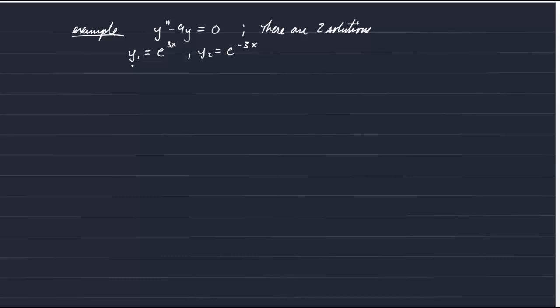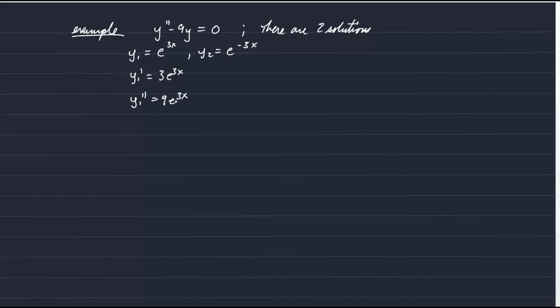And we can verify that y1 is a solution because if we take the first derivative of y1, we get 3 e to the 3x, and the second derivative of y1 is equal to 9 e to the 3x.